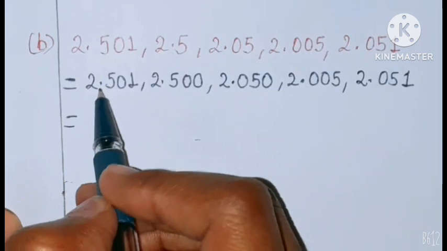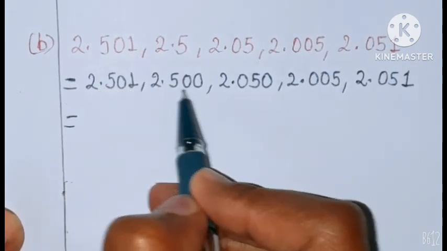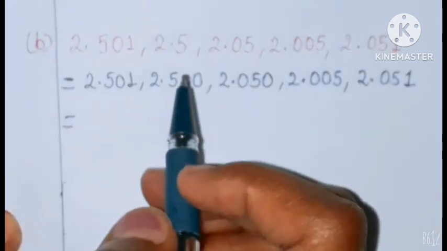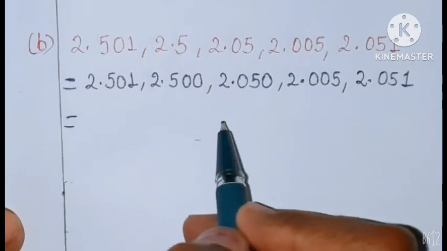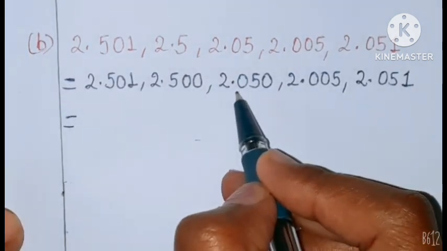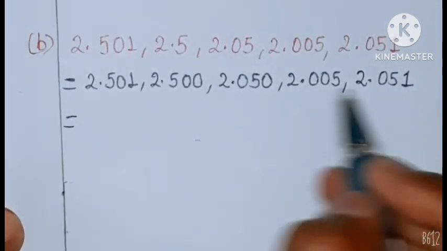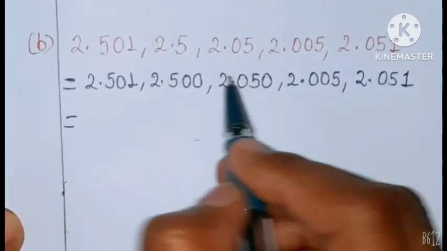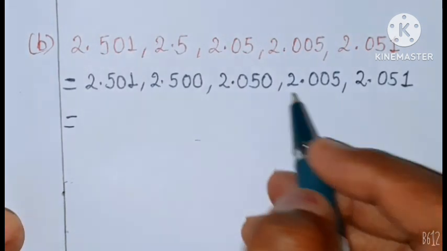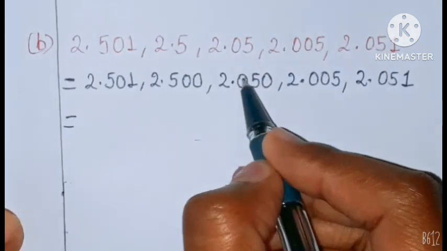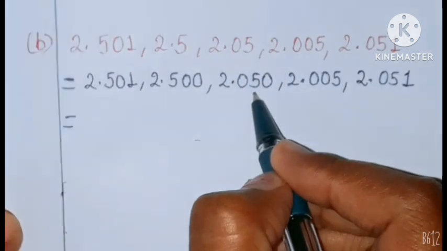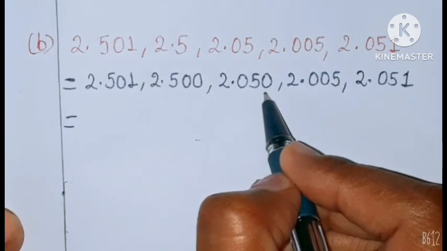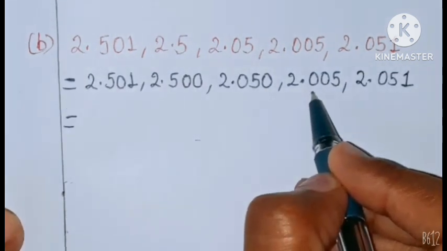So 2.501 and 2.500 are already very large, so we will not have to compare them. And for 2.050 and 2.051, if you find the place value, it is ones, and that is tens, and this is hundreds. But here ones.